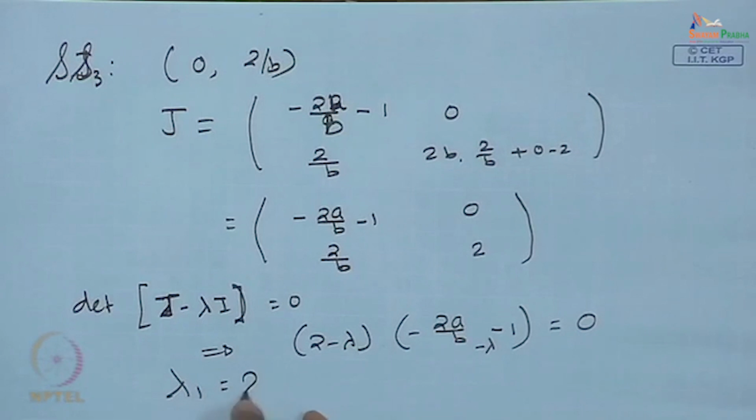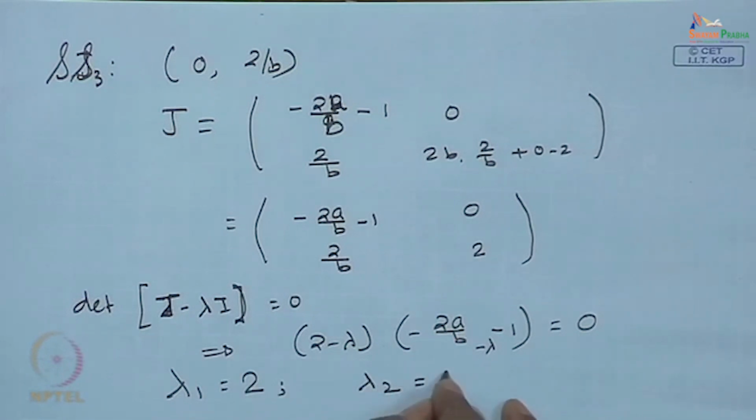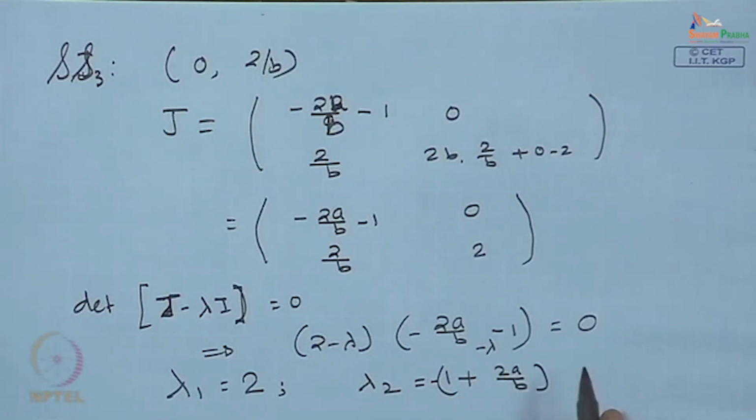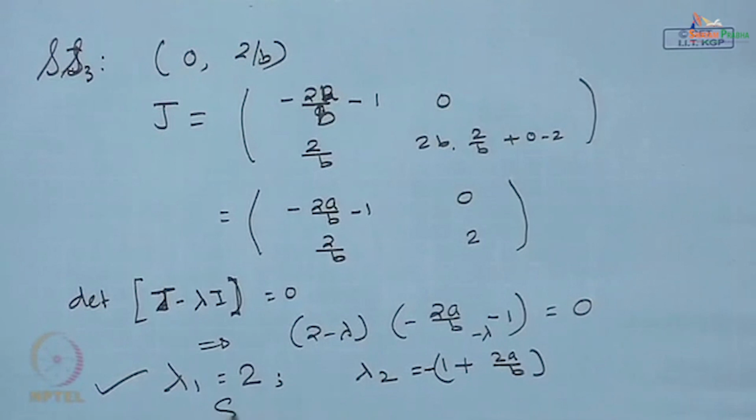So, lambda 1 will be 2, and lambda 2 will be minus 1 minus 2a by b, that is minus of 1 plus 2a by b. Since a and b are positive, this will be positive inside, so lambda 2 will be negative, but lambda 1 is positive. So, therefore, steady state 3 will be unconditionally unstable.